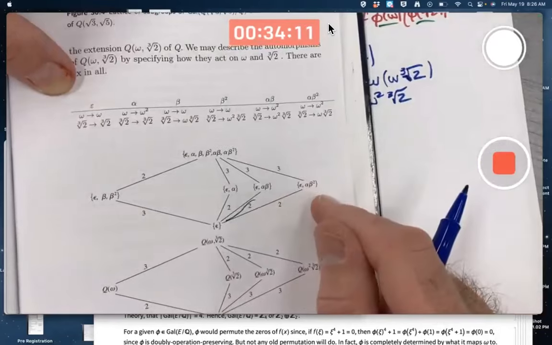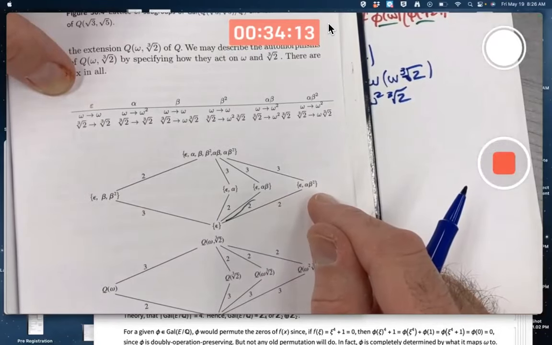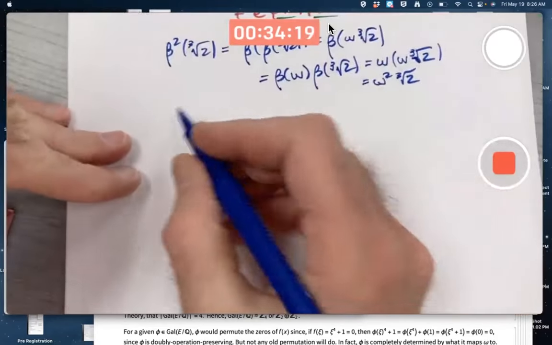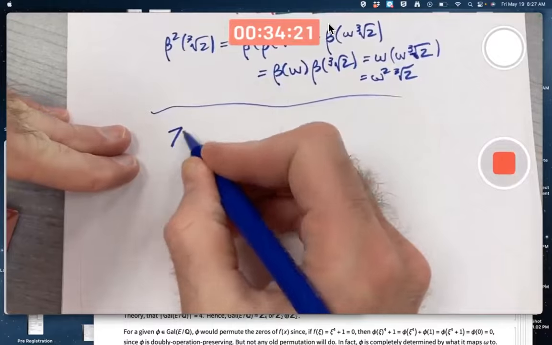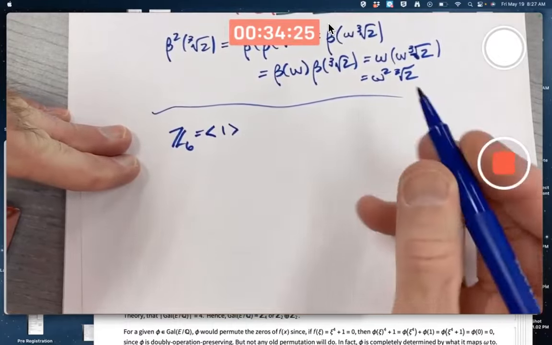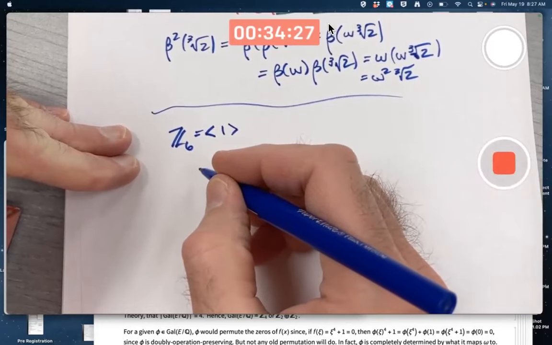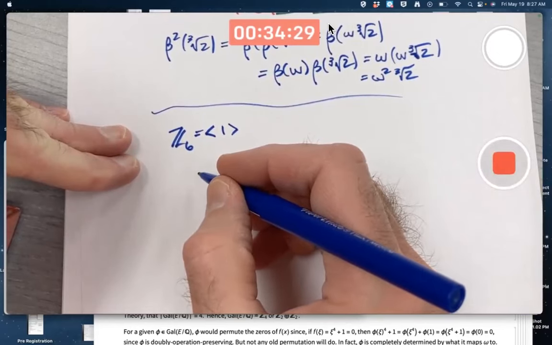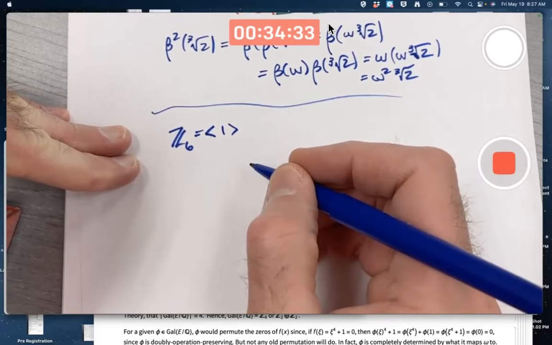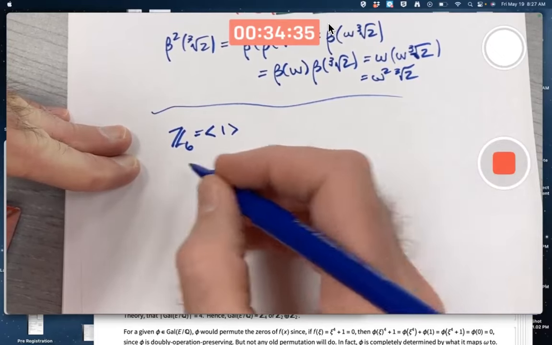Here's the lattice diagram, subgroup lattice. If it had been a cyclic group, it would not be this complicated. A cyclic group like Z6 has a lattice diagram that's simpler. It's got a unique subgroup of order 2 and a unique subgroup of order 3 that are not subgroups of each other.